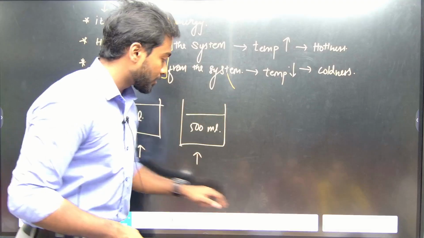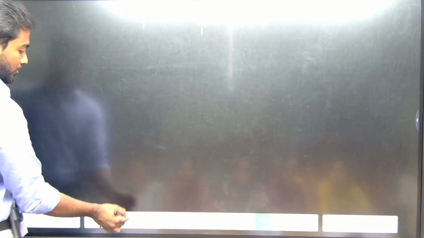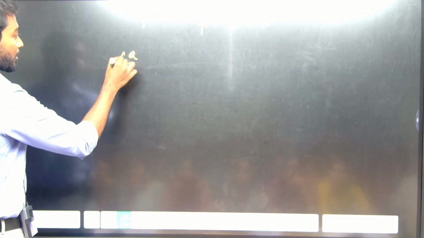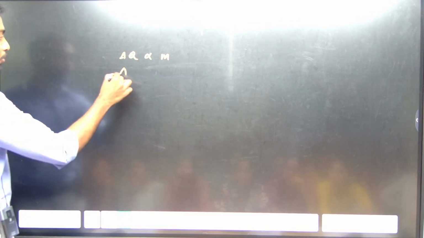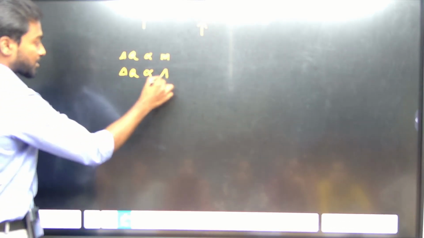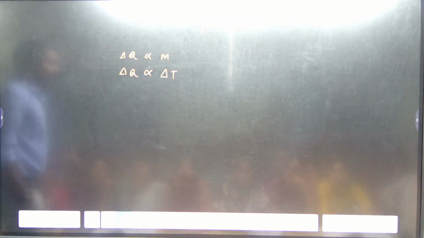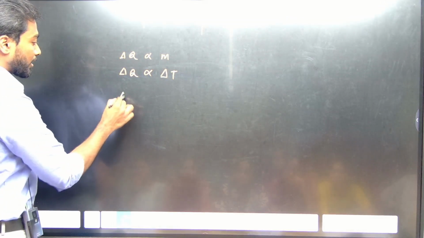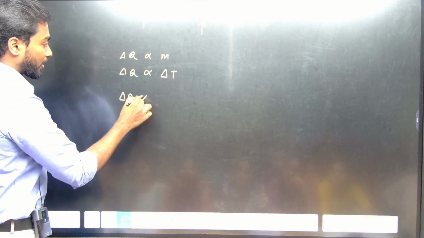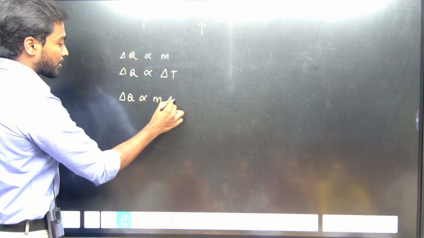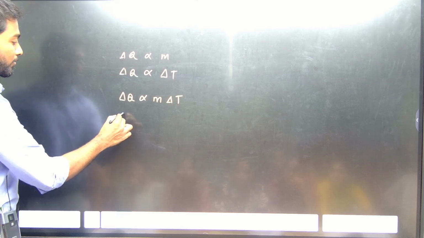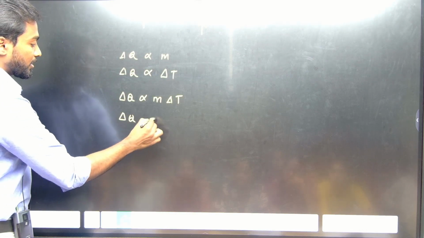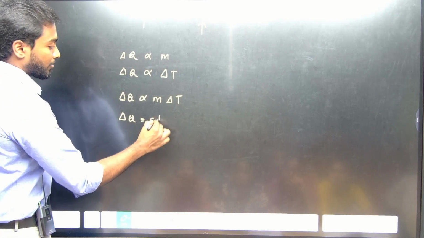So can I say here delta Q is directly proportional to mass, and delta Q is directly proportional to change in temperature also. From these two quantities I can say that delta Q is directly proportional to mass as well as change in temperature. To remove the proportionality, we add a constant called C, specific heat capacity.